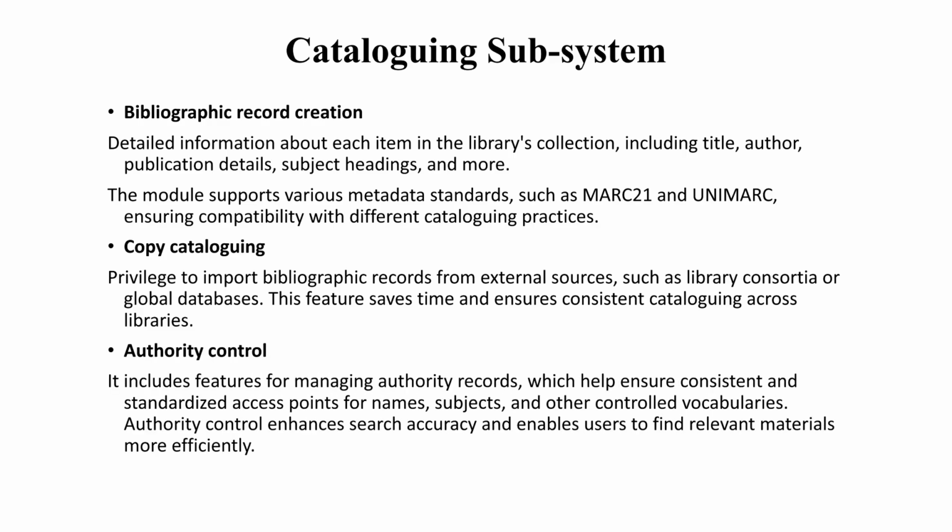Authority control. It includes features for managing authority records, which help ensure consistent and standardized access points for names, subjects, and other controlled vocabularies. Authority control enhances search accuracy and enables users to find relevant materials more efficiently.